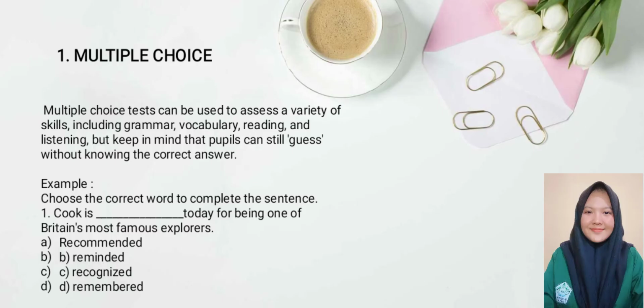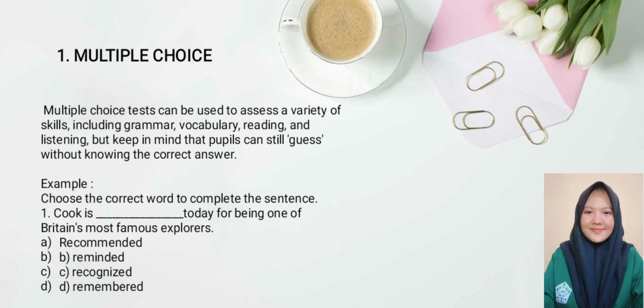Next, multiple choice. Multiple choice tests can be used to assess a variety of skills, including grammar, vocabulary, reading, and listening, but keep in mind that pupils can still guess without knowing the correct answer. Example: choose the correct word to complete the sentence.